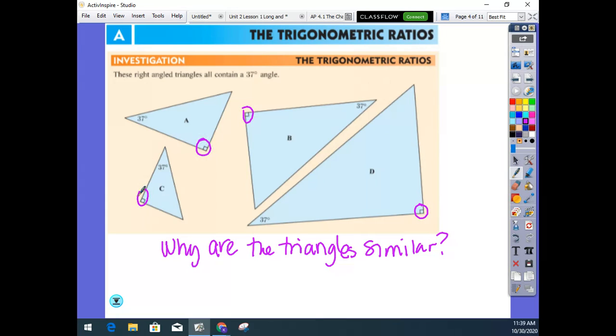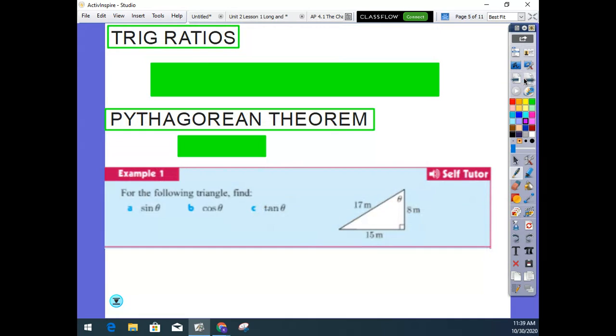They're all right triangles, and they have one other angle that's congruent. So what do I know about the third angle? If the angles are all congruent in a triangle, their side lengths are similar. There's a ratio between them that's the same.